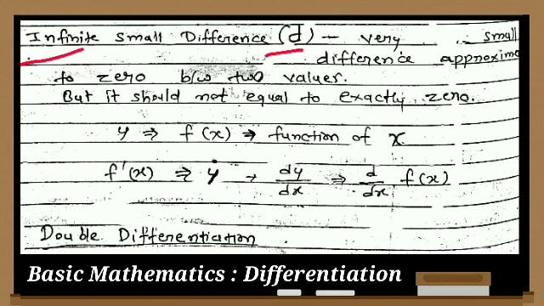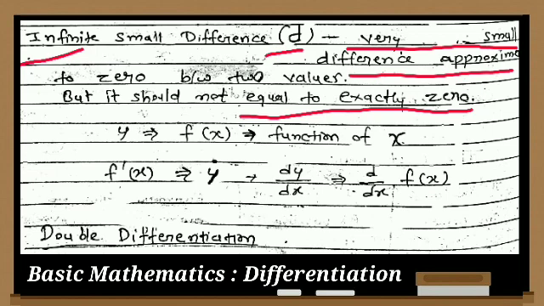Read the definition: very small difference, approximately 0, between two values, but it should not be exactly 0.